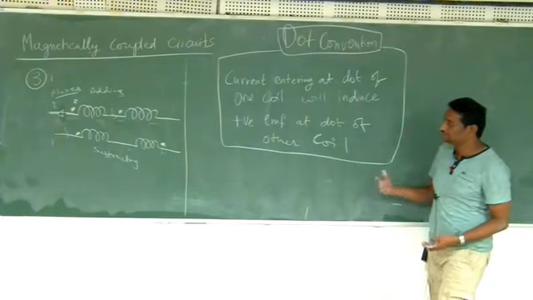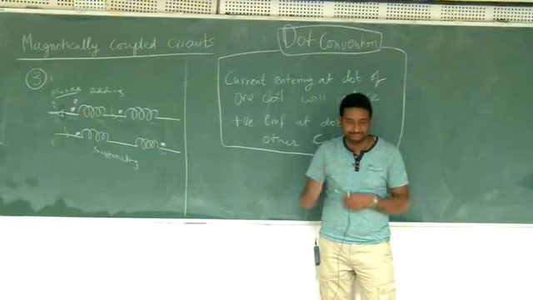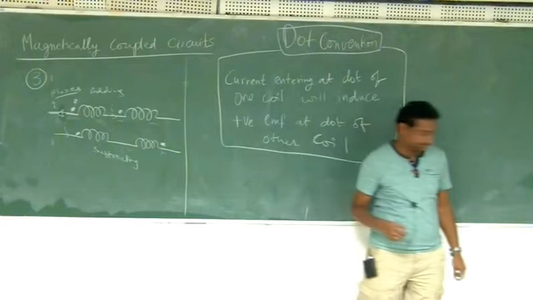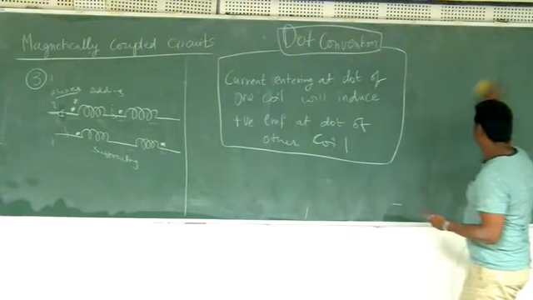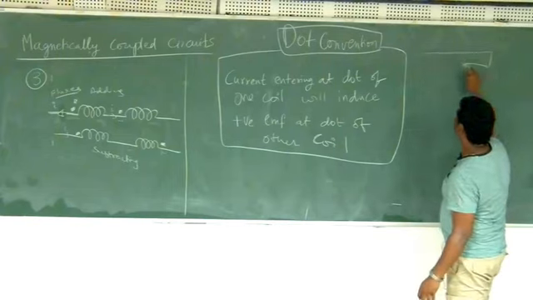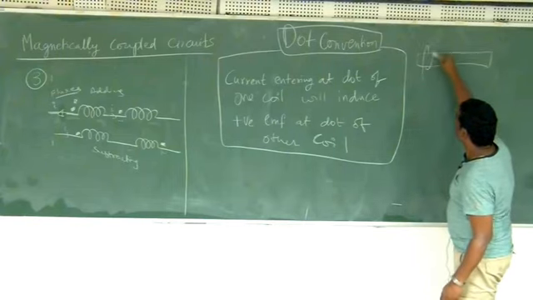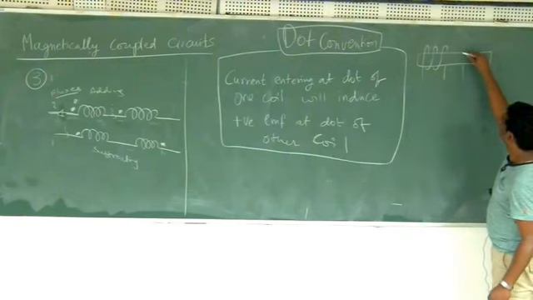Okay, so the question is, how is the dot related to your winding? In what way you are winding and all these things? Okay, so I mean, it's not that relevant now. See, I can do two ways. See, I can do like this, winding in the same direction.